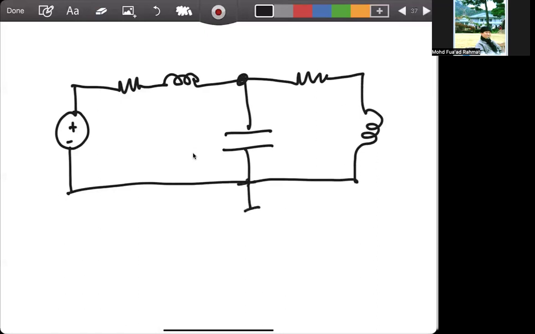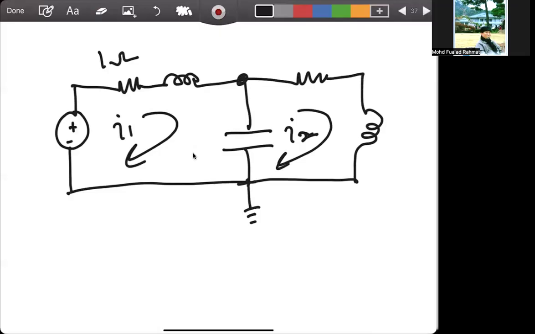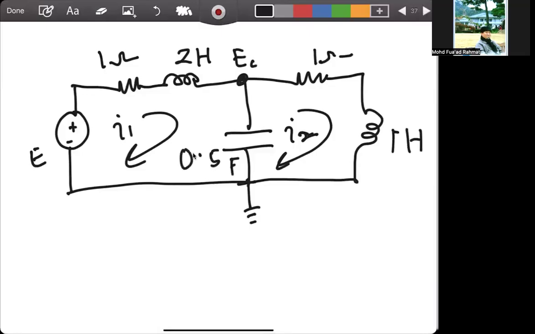Okay, and you have I1 current over there, I2 current over there, and resistance is 1 ohm. This one is 2 Henry. This one is your EC. This one is your E. And R2 is 1 ohm. L2 is 1 Henry. And finally, the capacitance is 0.5 farad. Okay.